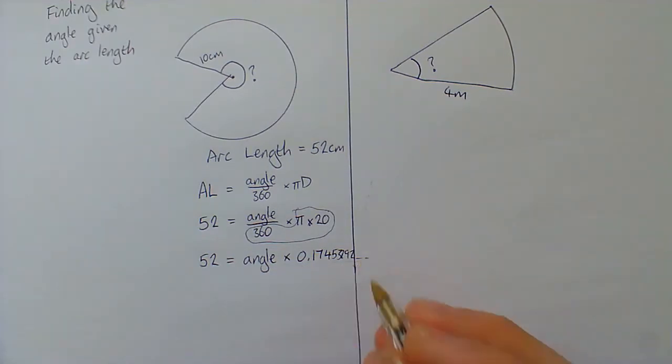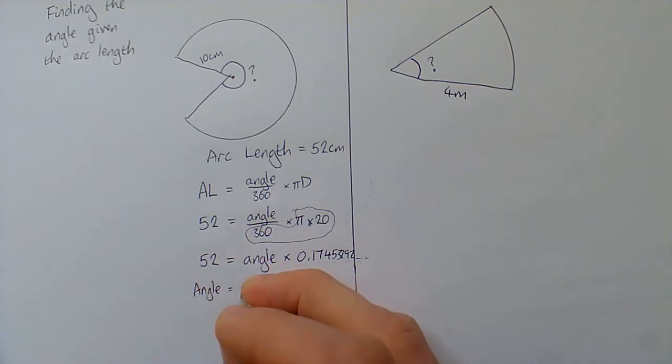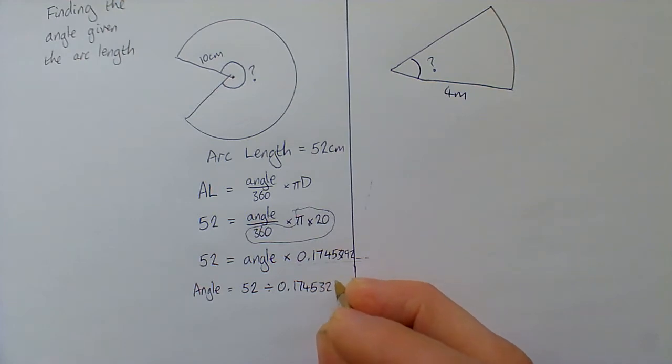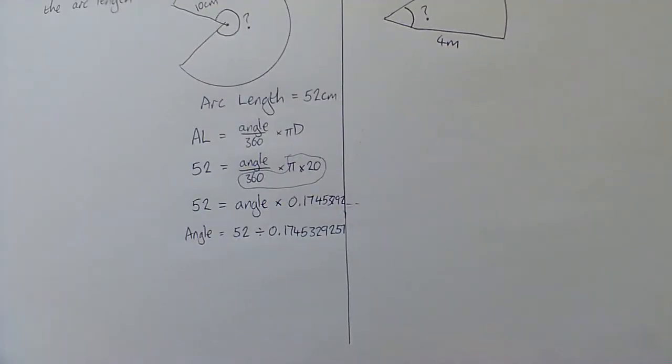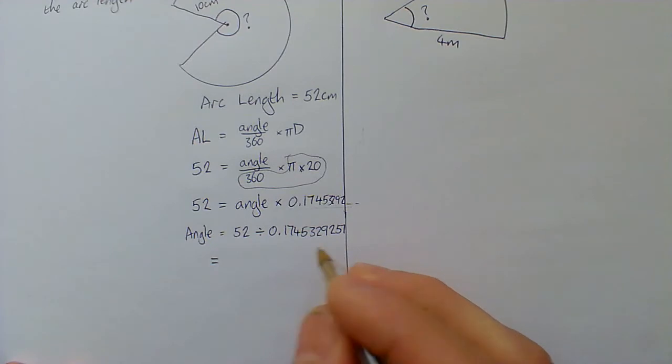Dividing both sides by this, we get that our angle equals 52 divided by 0.1745329251. Just keeping loads and loads of accuracy, making sure we've got as much detail as we can. Put that in our calculator.